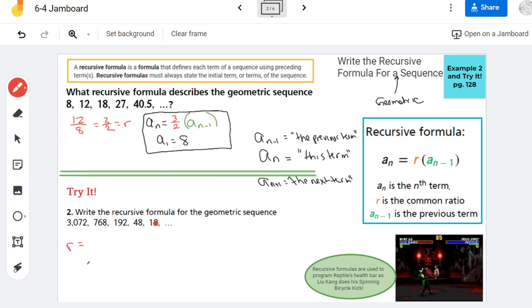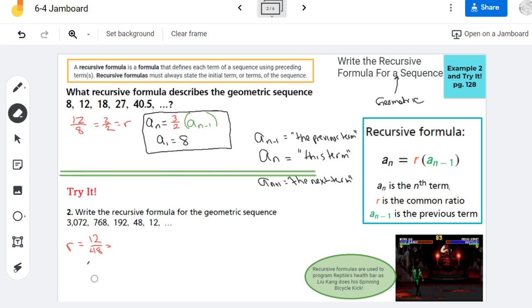Heck no. I'm going to come here to where they're smaller, and I can use mental math. Because the ratio between the smaller numbers is the same thing as the ratio between the bigger numbers. This is kind of a situation of work smarter, not harder. Now, I did 12 divided by 48, which if you simplify that is 1/4. So there's my r value.